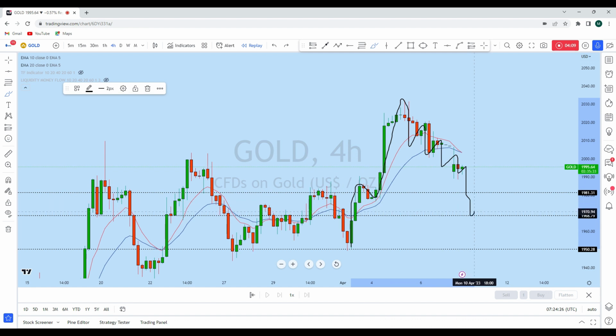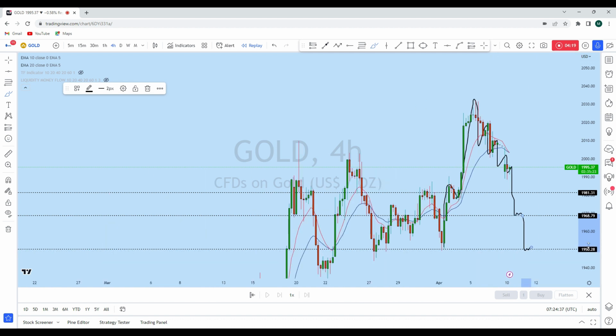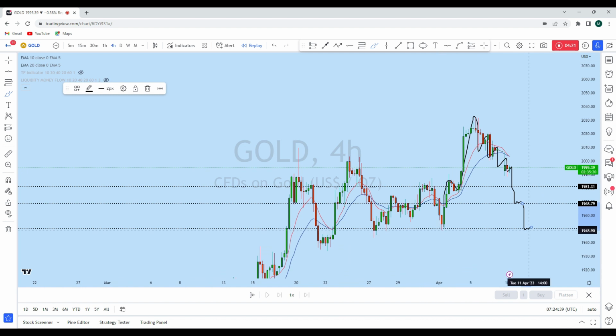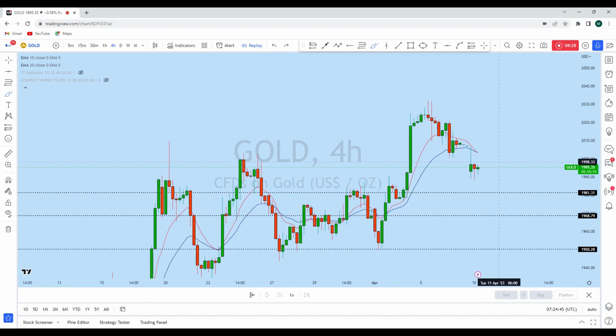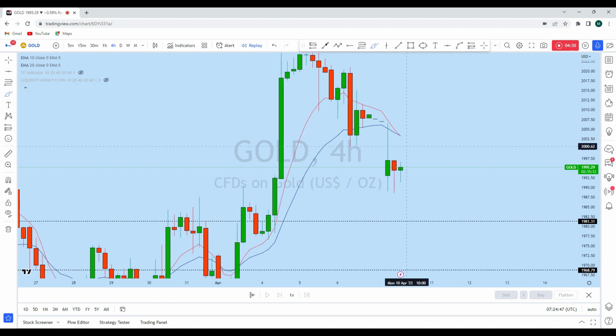This is a very important area where there is a 61.8% Fibonacci level, or we could even see it come down to this level where there is the daily 20 EMA, and we could see a lower high along this zone, and then gold going bullish again from here. So there is a very high probability for gold to drop.